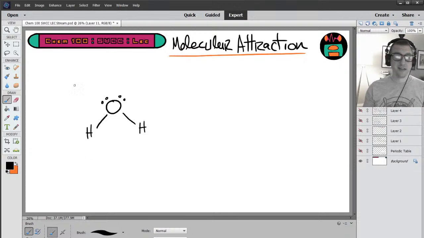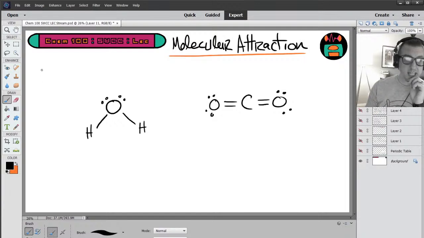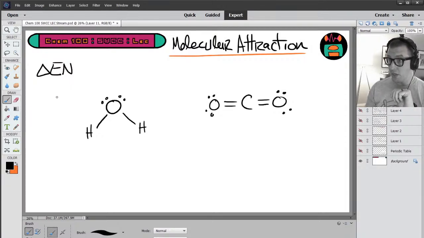With its bent geometry. And I want to compare this to a molecule of carbon dioxide. We can look at the difference in electronegativity for the bonds in water.